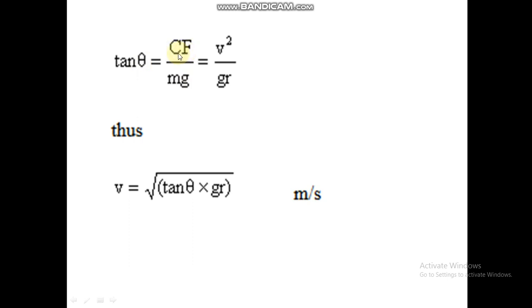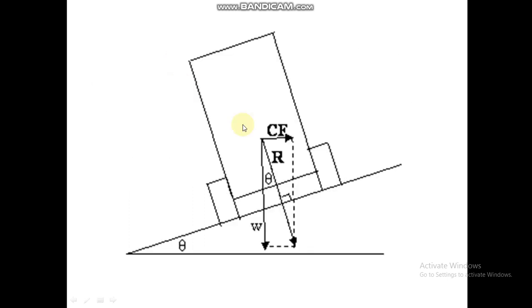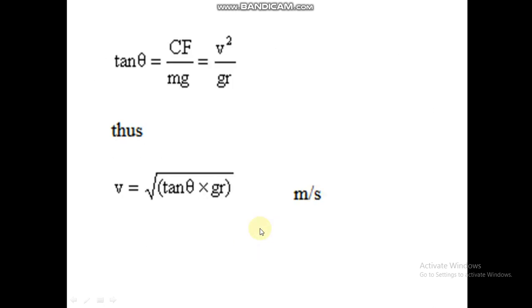The opposite side is CF and the adjacent side is W, that is mg. So tan theta will be CF upon mg, and we put the value of CF, which is mv square upon r. The m and m will cancel, so v square upon gr will be your tan theta.